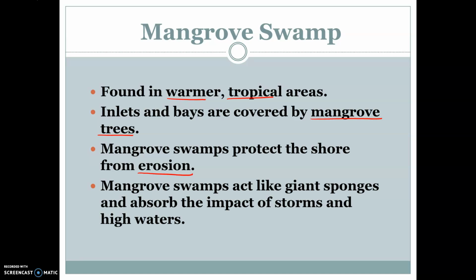These are going to act like those giant sponges that we were talking about, absorbing the impact of storms and high waters. So when storms come on, they protect the land right there on the side from erosion and from the impact of these high waters, because we can see in that image those really intricate root systems that we find in these mangrove swamps.